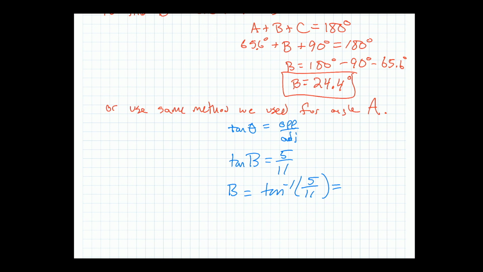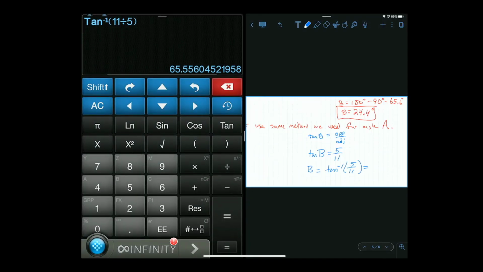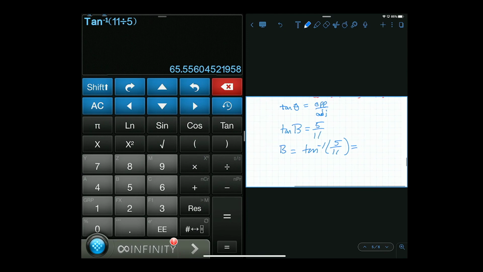It should give me the answer I already know, though, right? The only thing that could be different is how it kind of gets rounded. So clear this out. Tangent inverse, 5 over 11, close parentheses, and 24.4 degrees.